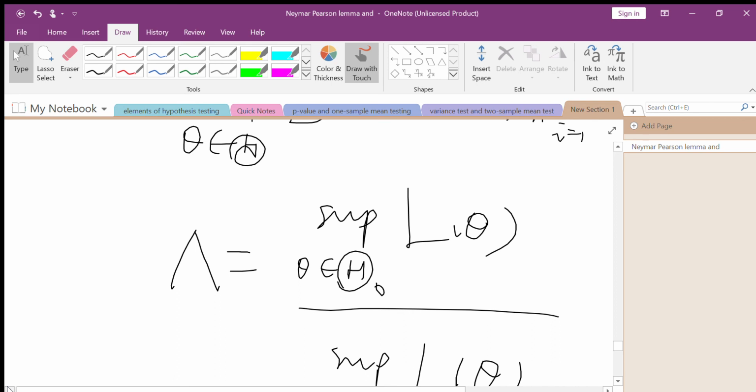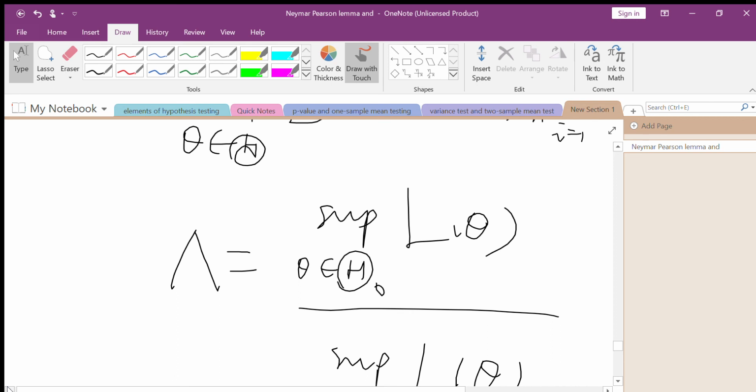In what sense is it best? It is the most powerful level alpha test for single-sided testing. And for double-sided testing, we have the conclusion that no most powerful level alpha test exists.